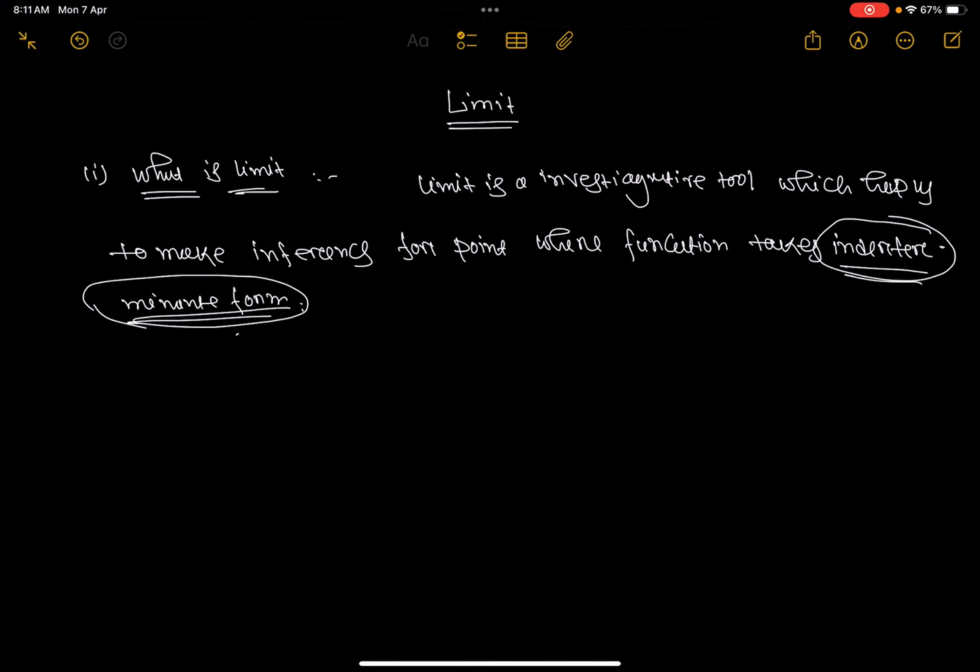And second thing, limit of what? We always find limit for a function. Then next, where and why do we find a limit at a point?